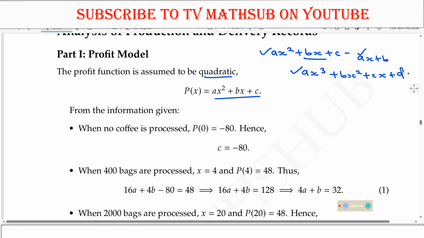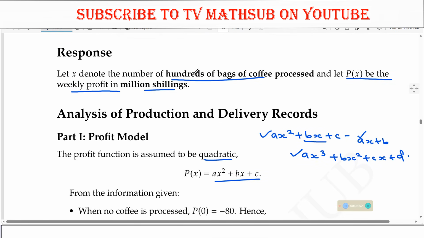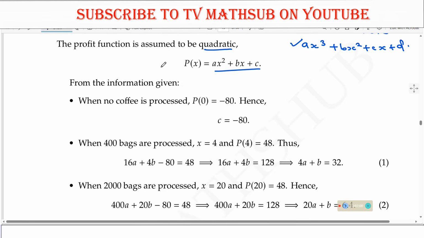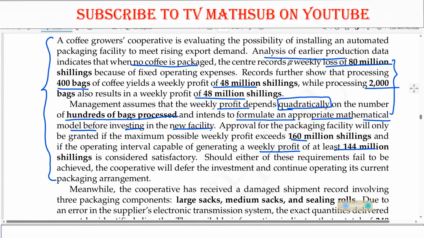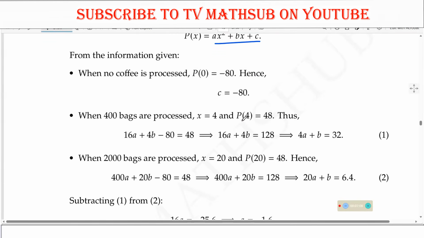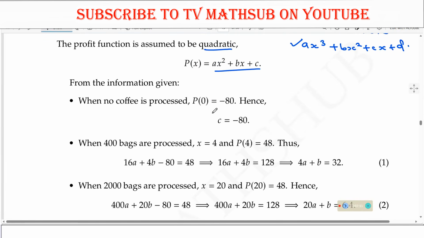And remember, our x is representing the number of hundreds of bags of coffee processed, and P of x is in million shillings. Now, from the given information, we are told that when no coffee is packaged, the loss is 80 millions. What does that mean? It means our x will be equal to 0. And when x is equal to 0, P of 0 is negative 80. So P of 0 will be a into 0 squared plus b into 0, plus c.